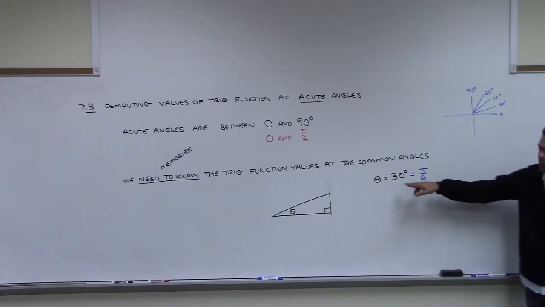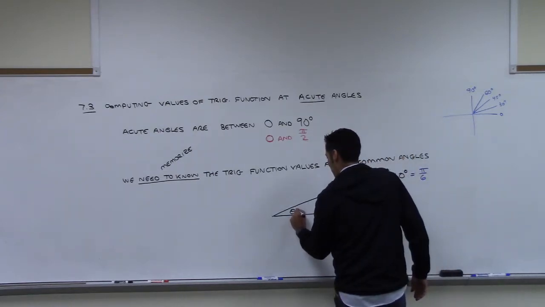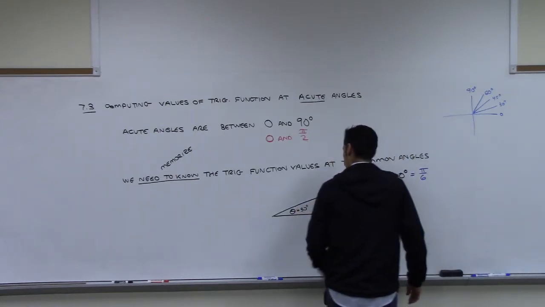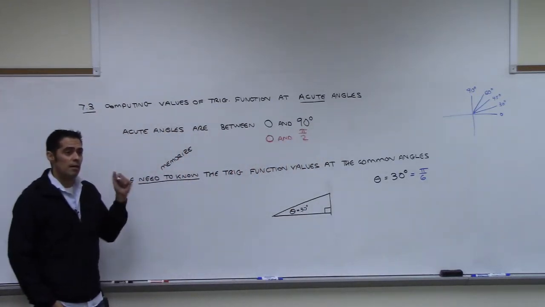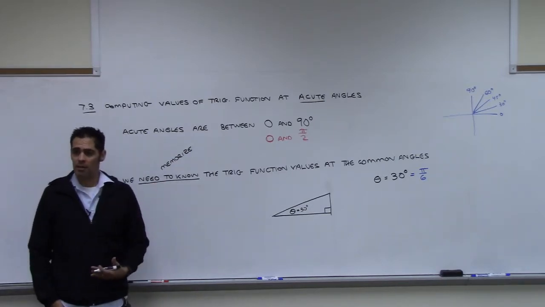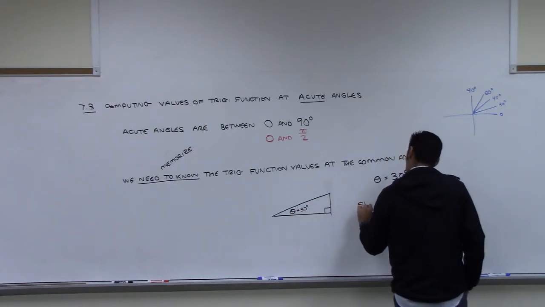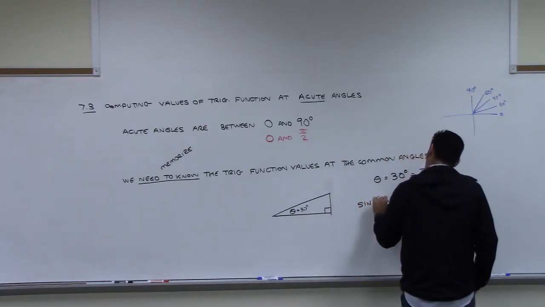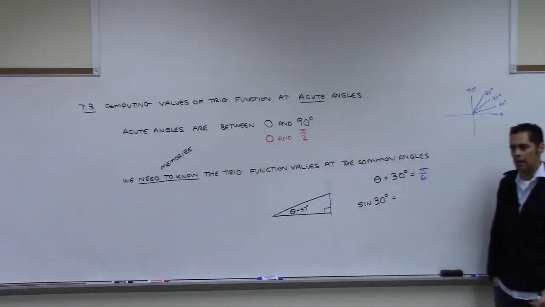So let's say that this angle is 30 degrees. Then we need to memorize the values of the 6 trig functions at that angle. And that means someone has to tell us what they are. So I'm here to tell you that sine of 30 degrees is equal to something, all right?